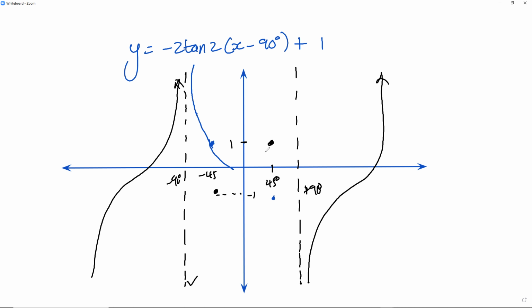So these are my guidelines, almost like a guideline to ensure that I get the best possible shape. All right, so that's going to be this way. This is going to be this way. That's the best possible guideline, this way and that way.